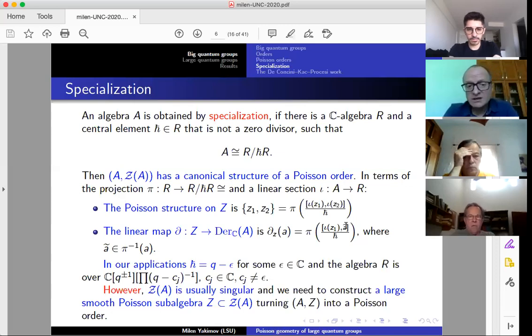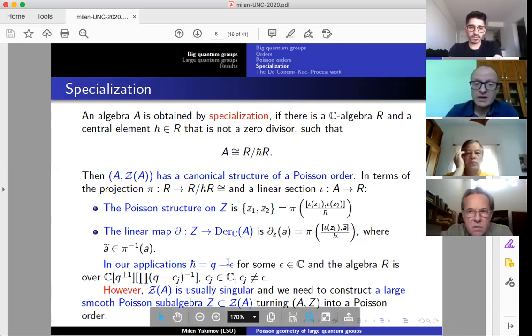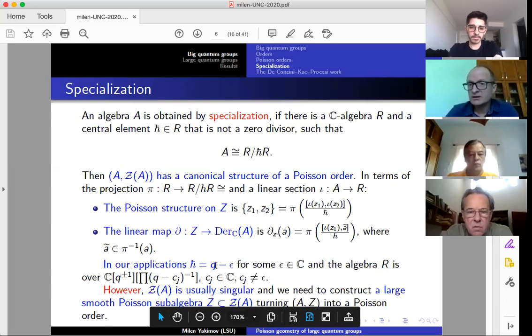So I want to say that you can play this game in many situations. You can play this in prime characteristic. You can play this over the integers. In our situation, because these are quantum algebras, our central element H will be something like a free variable Q minus epsilon.